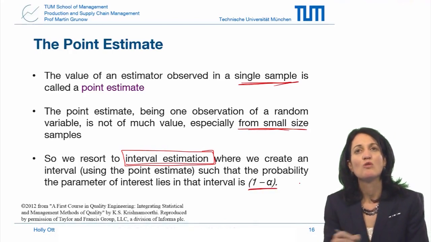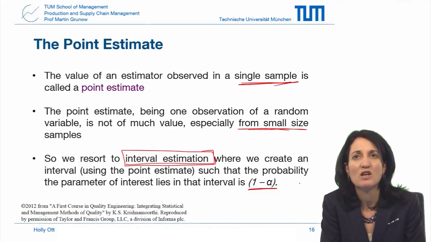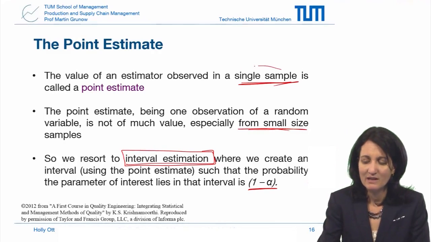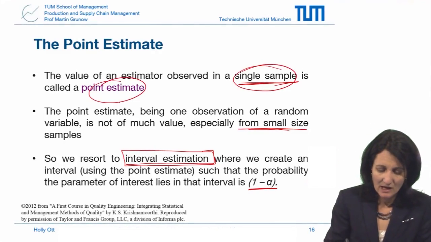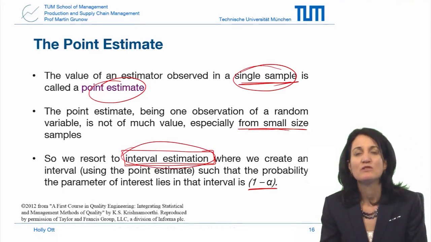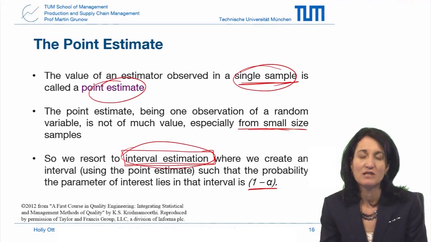And this is called a 1 minus alpha % confidence interval for the parameter. This is one of the two techniques for inferential statistics. We take from a single sample our point estimate, and we conduct an interval estimation then to help us draw conclusions about that statistic to gain information about our population parameter.